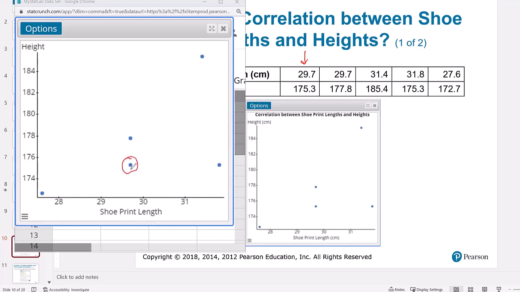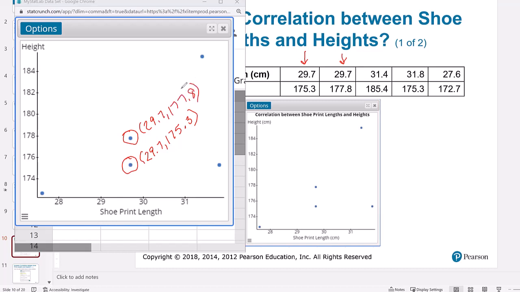This point right here looks like it's going to be 29.7, comma, 175.3. And notice we have another 29.7, so that must be this one right above it. That point is 29.7, comma, 177.8.